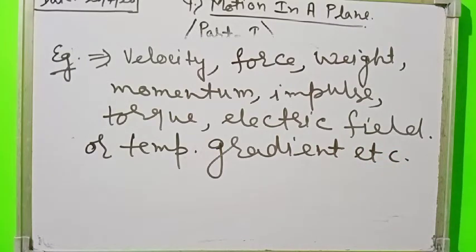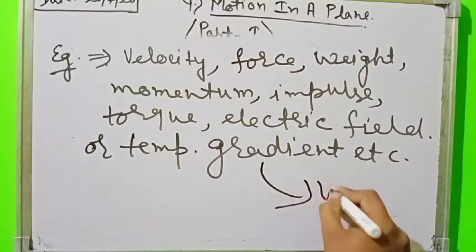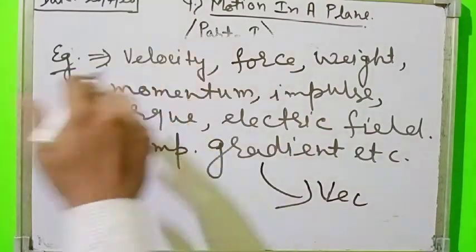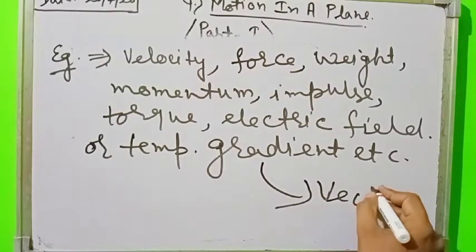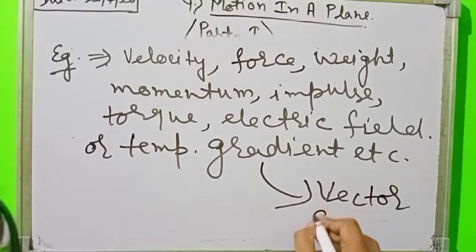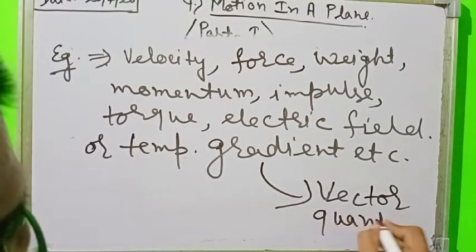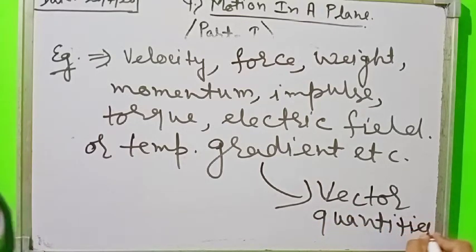These have magnitude and direction, so they are vector quantities. All the three laws can be followed by them, so these are vector quantities.